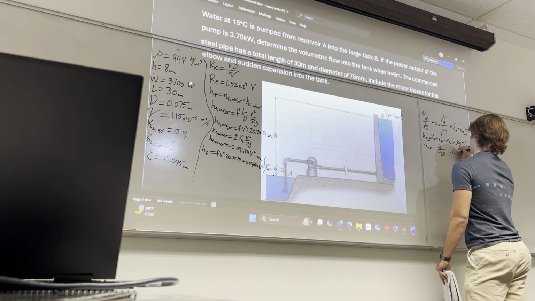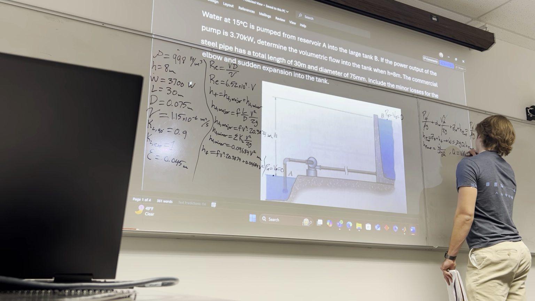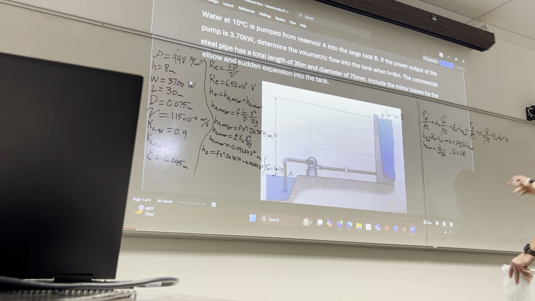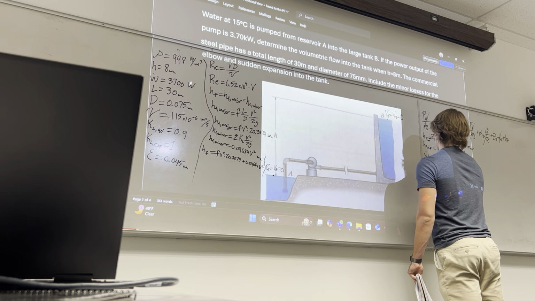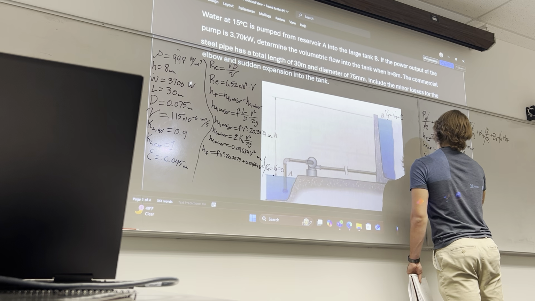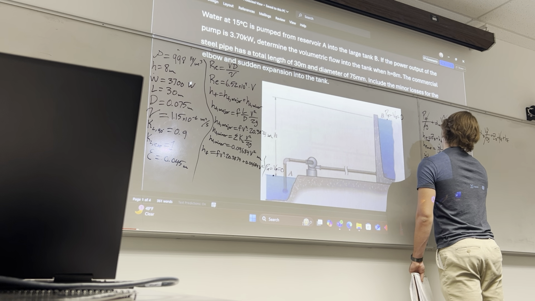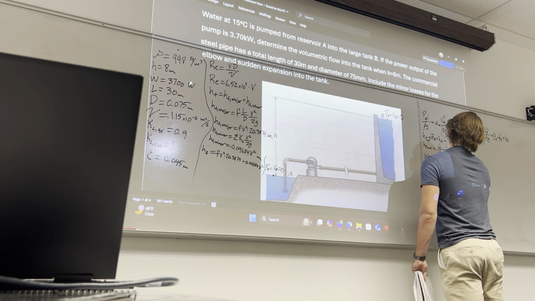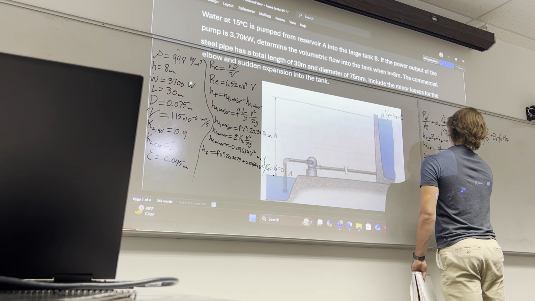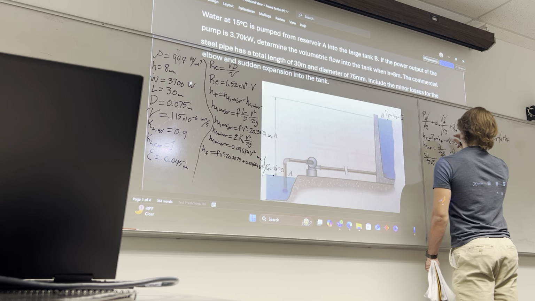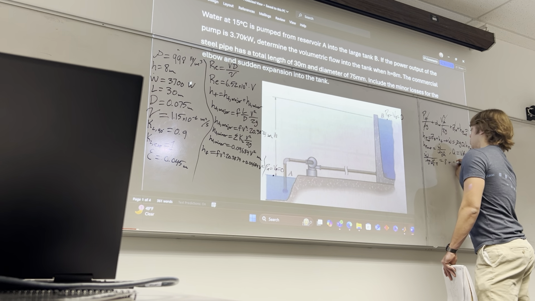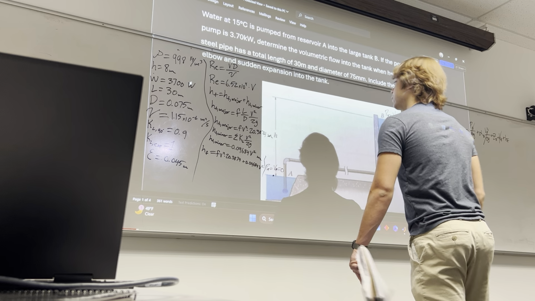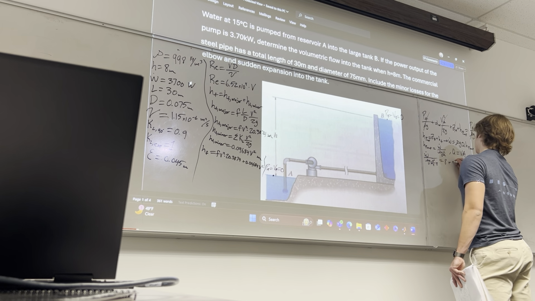And remember, Q equals V times A. Right. So now rearrange this whole thing. So we've got W dot over rho G Q, or I'll say rho G V A, right? Or rho G V D squared over 4 times pi, if you prefer, equals ZB, it's the height, so that's 8, plus our HF, which is F V squared times 20, blah, blah, blah.